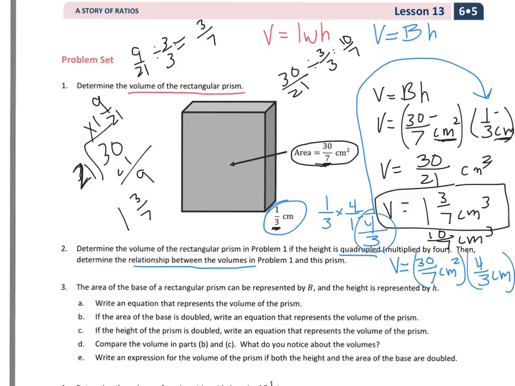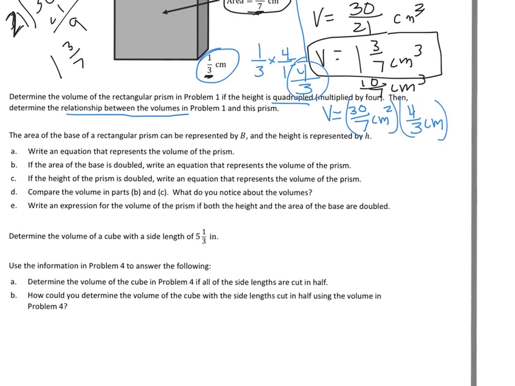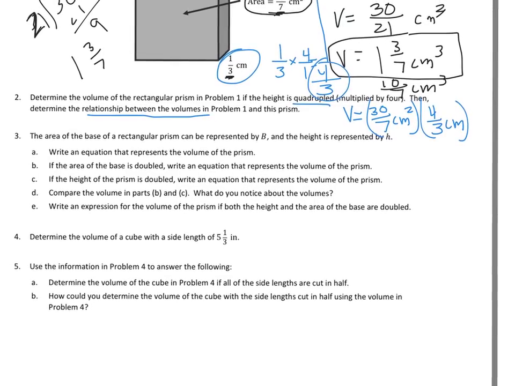And we'll go through 3 and then I'll jump to the next page. So we'll slide down and I'll slide over just a little bit so I can write next to it. So for 3, the area of the base of the rectangle prism can be represented by B and the height by H. Write an equation that represents the volume of the prism.